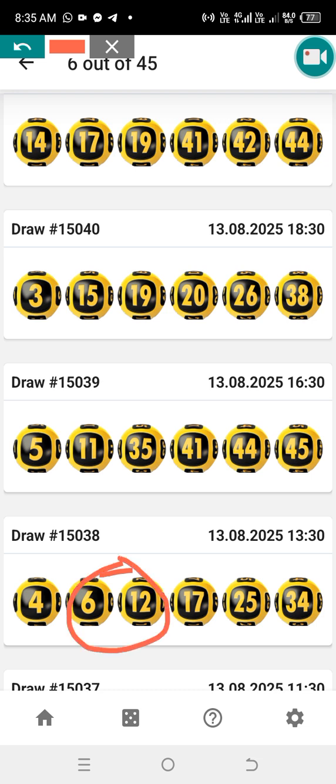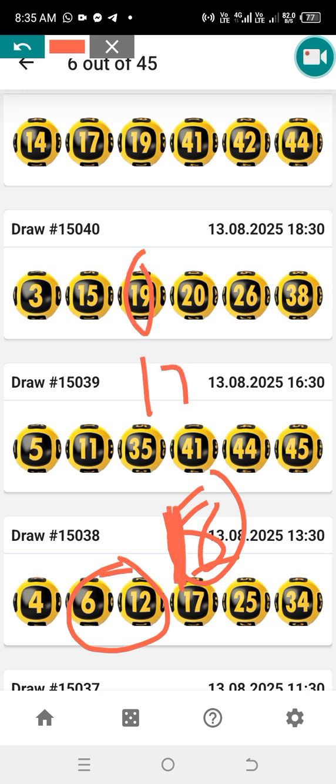We have 8. Nearby number is 7. Nearby number of 4, it's 8, sorry. Nearby number of 18 is 19 and 17. Then you play that 18 as it is as well. Don't forget, because 18's nearby numbers are also 14 and 15.